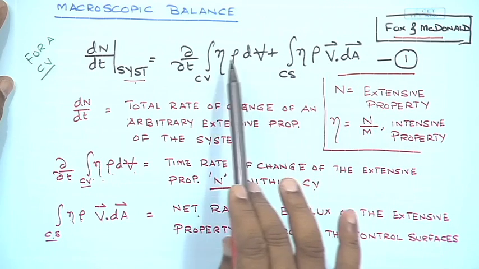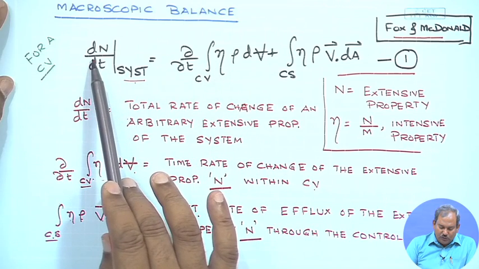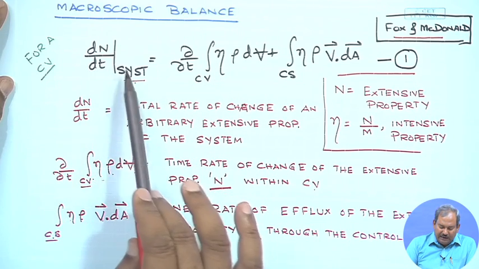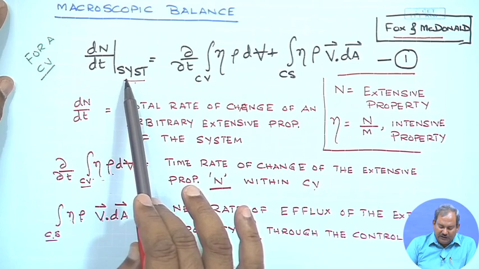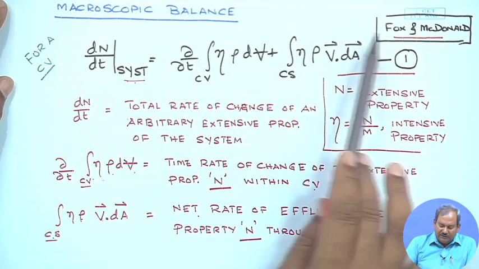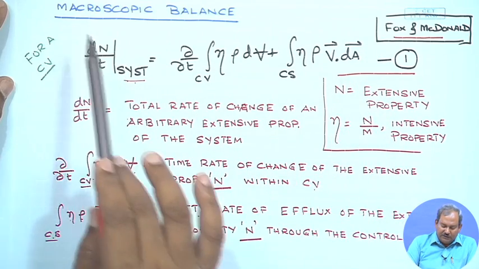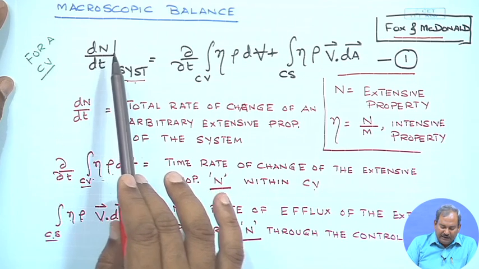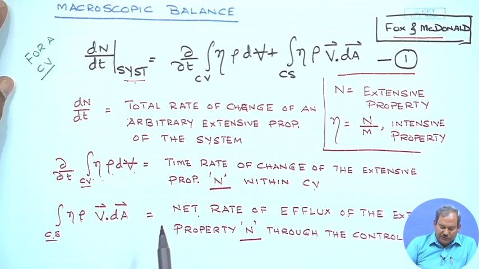As a result of these two, the total content of the extensive property N in the system will change. So that is essentially a conservation equation for the extensive property N, and this is the stepping stone for integral analysis of fluid motion.